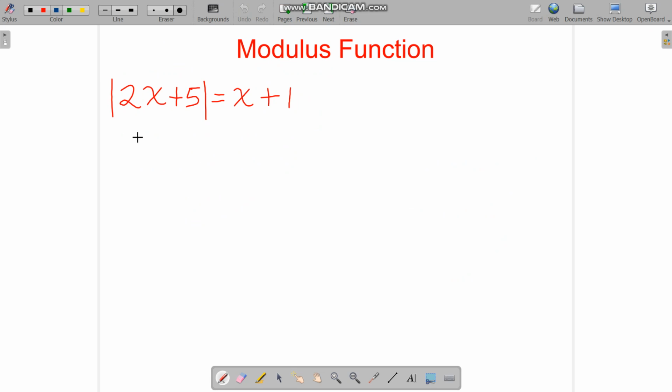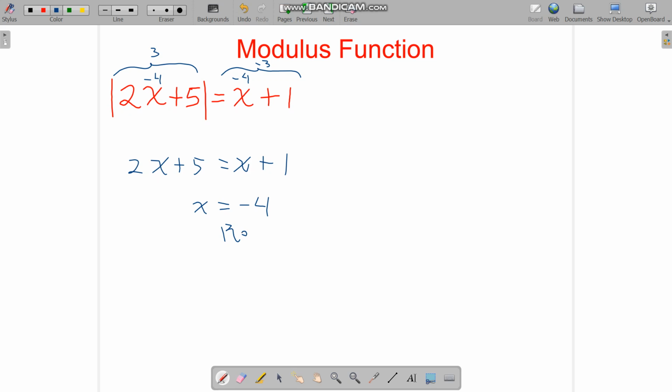Now for the 2x plus 5 positive, we have x equals negative 4, and we can check by plugging in negative 4. From the left hand side we have positive 3, and from the right hand side we have a negative 3, so it's not a solution, it's rejected.